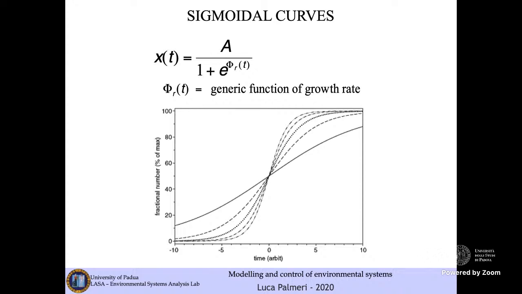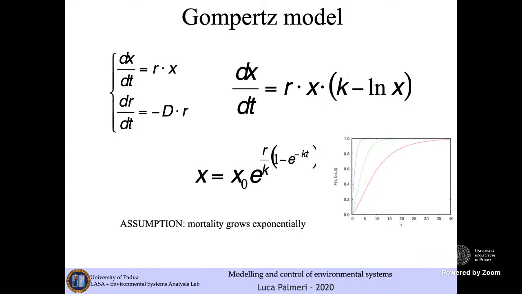There are some other models that are important to look at, at least to know that these models exist, because all these models may be employed to describe very particular situations.